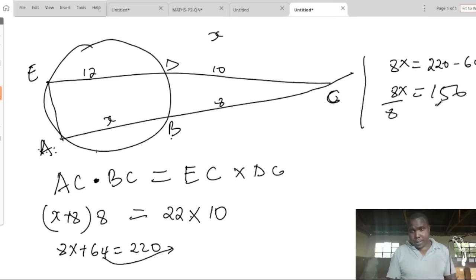So divide by 8, and X is equal to 19.5 centimeters.